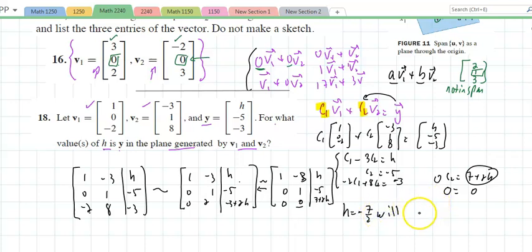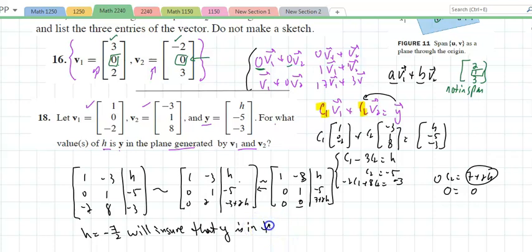That will ensure there is a solution, and hence y is in the span of v1 and v sub 2, i.e. a solution.